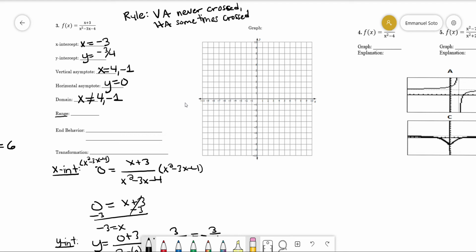So in this case, in order to determine if it crosses, you're going to plug in 0, which is the horizontal asymptote, into the function. Okay, so we're going to do that, and that'll tell us if it crosses. If it does cross, that means that we have all real numbers for the range. Okay, so let's go ahead and do that.